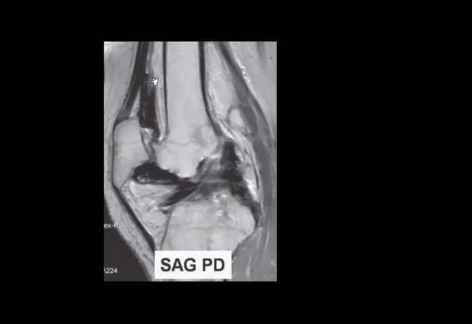Sometimes if you don't have any appearance like this, which is hemosiderin, again you will put a differential of pigmented villonodular synovitis. I mean, if you just find these nodular low signal lesions, probably you will put pigmented villonodular synovitis in your differential as well, okay?